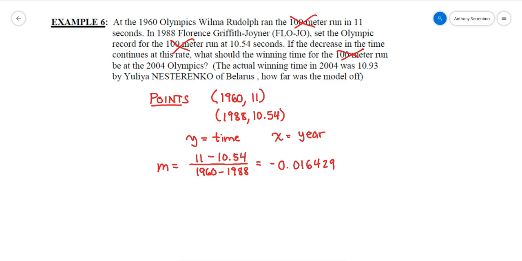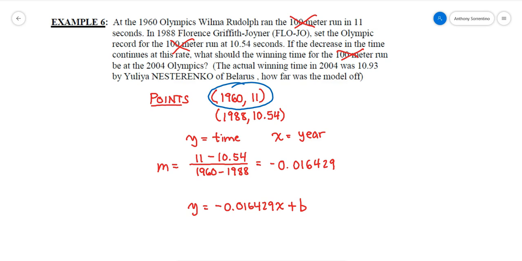So right now I have the formula y equals negative 0.016429 x plus b. I got to figure out what b is. And the way I'm going to figure out what b is, I'm going to go back and take one of these initial points. I'm just going to take the first one for the sake of argument.